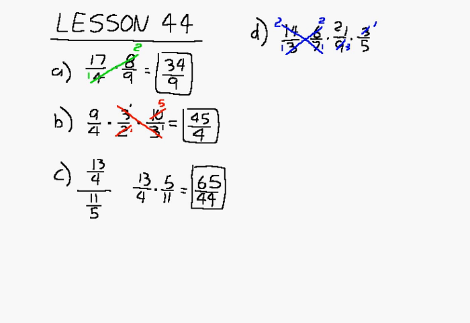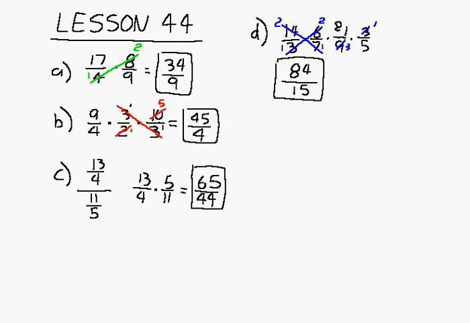So let's go ahead and do our multiplication now. In the numerator, we have 2 times 2 is 4, times 21 would be 84. And then in the denominator, we have 3 times 5 is 15. 84 over 15. And you know what? I didn't see this 21 over 3 here, so I didn't simplify it all the way, right?